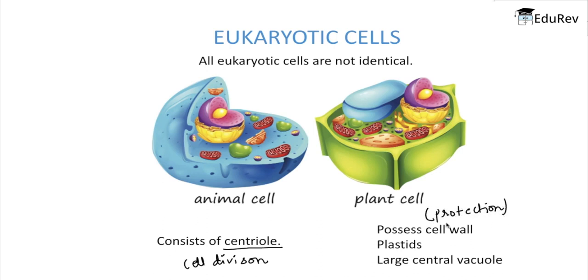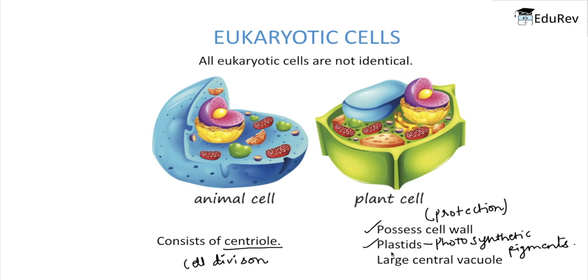Another organelle present inside the plant cell is the plastids, which contain the photosynthetic pigments. These pigments help in the process of photosynthesis, through which plants prepare their own food.